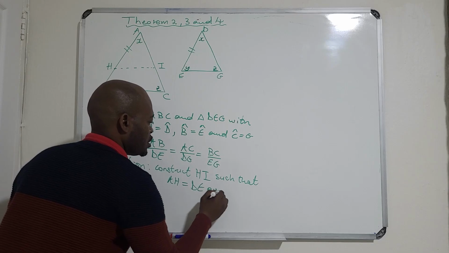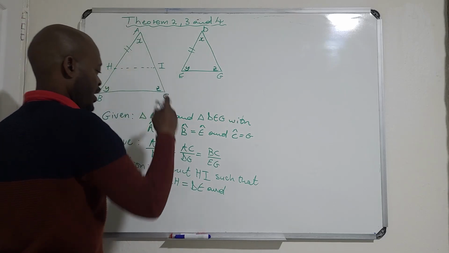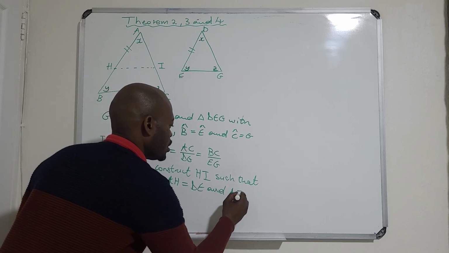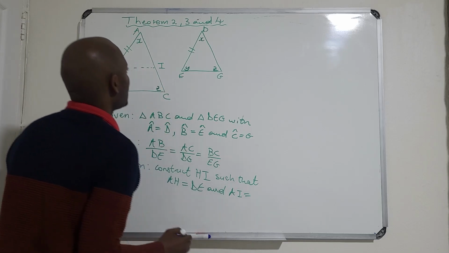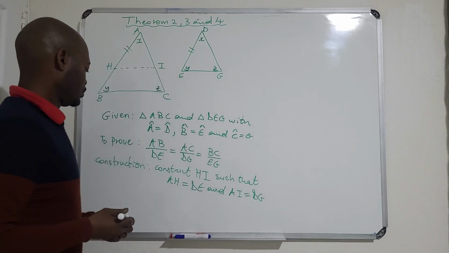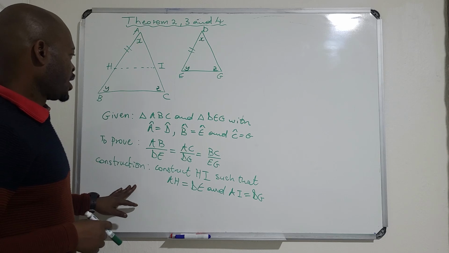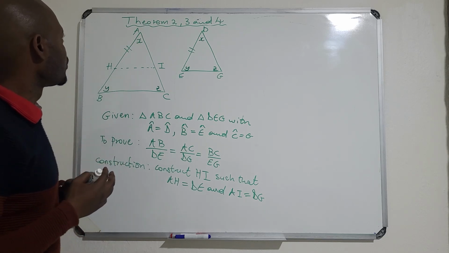And we're constructing HI such that AI is equal to DG. This is our construction.